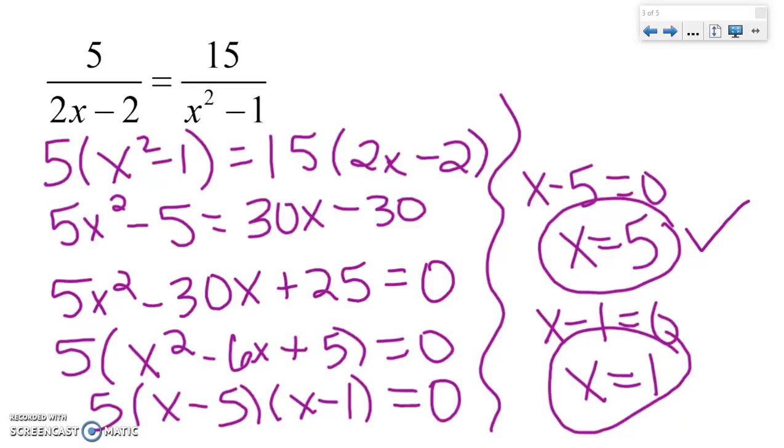Now if you check 1, substituting in 1 for the x value in the denominator gives me 2 times 1, which is 2, minus 2 is 0. That automatically tells me that x equals 1 is not a solution because it creates a denominator that's equal to 0.